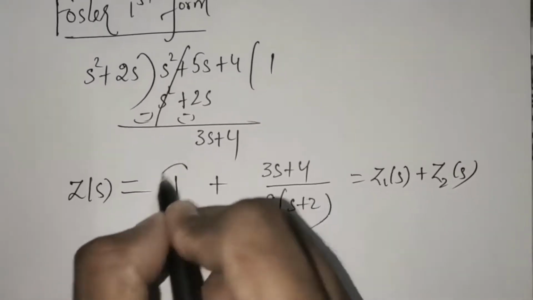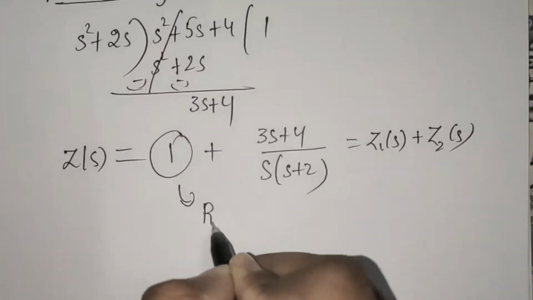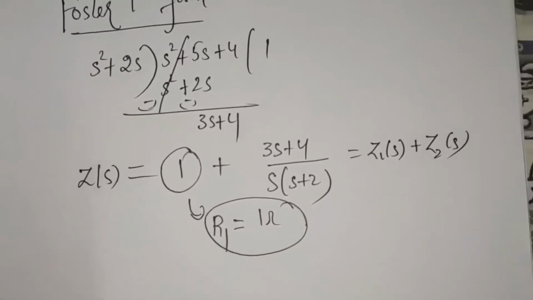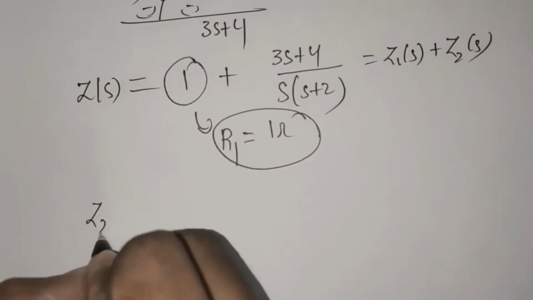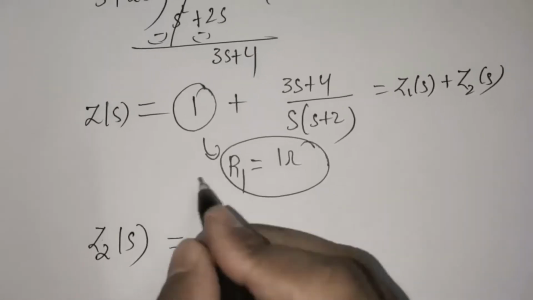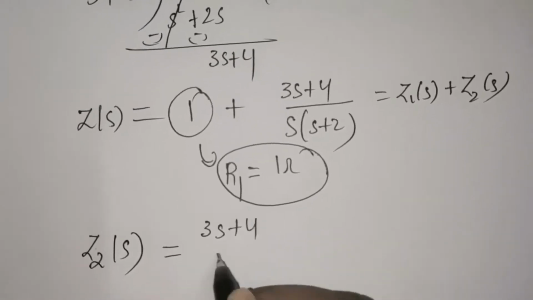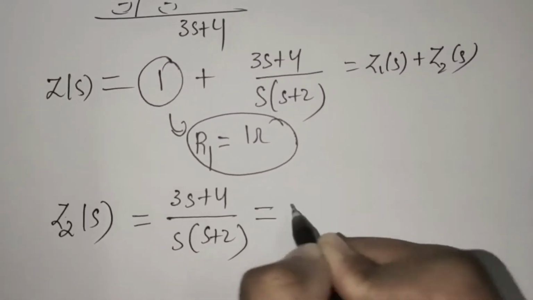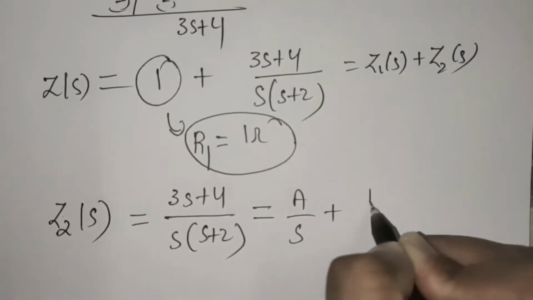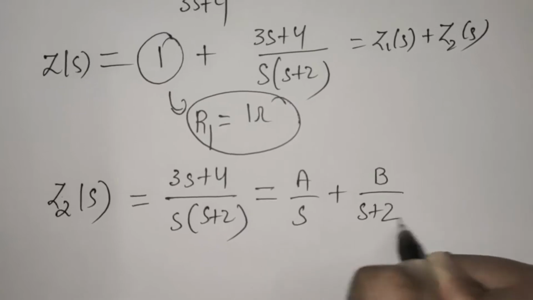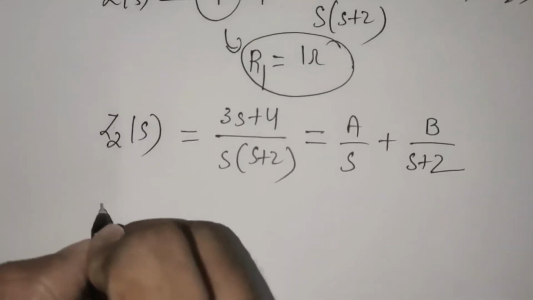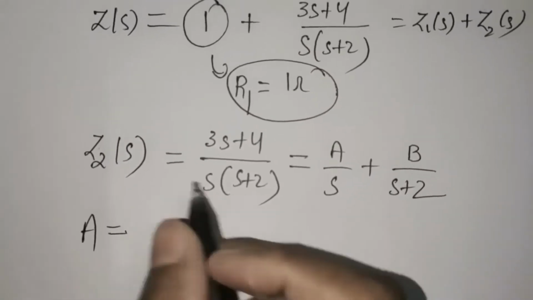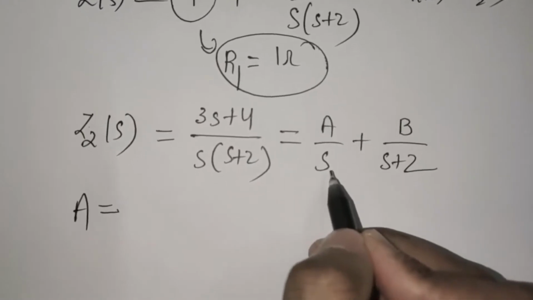Since z1 of s is a constant, so directly we have got the first element, which is R1 is equal to 1. So consider z2 of s, which is (3s plus 4) by s into (s plus 2). So upon partial fractions, it is A by s plus B by s plus 2. So as we know, A is obtained by writing the entire expression except s.